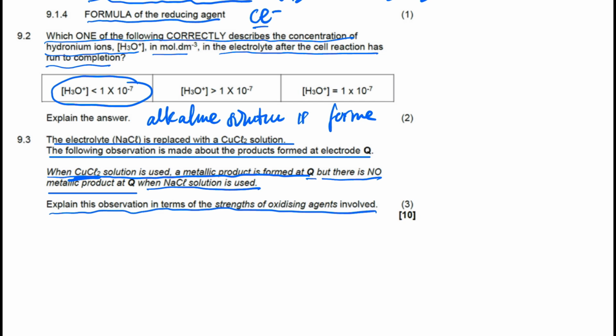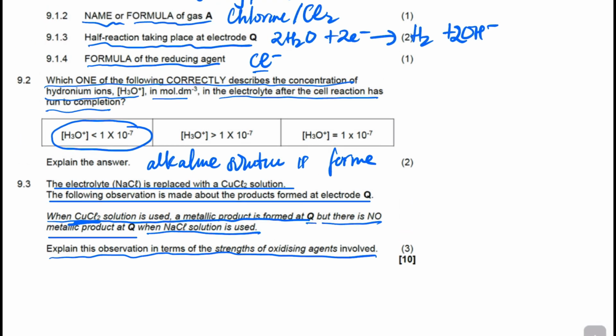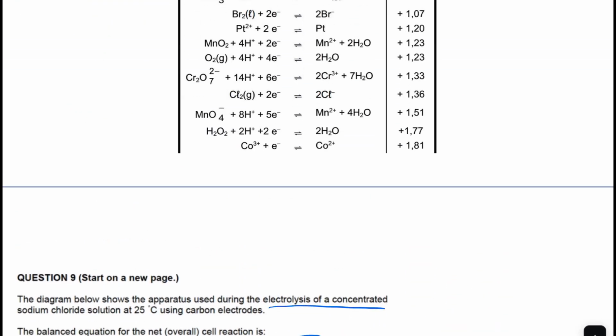You're going to compare the copper ion and the sodium ion, because there was sodium before, but the sodium was not reduced. Now that it's copper, the copper is reduced. What does it mean about copper? The copper ion is a stronger oxidizing agent.